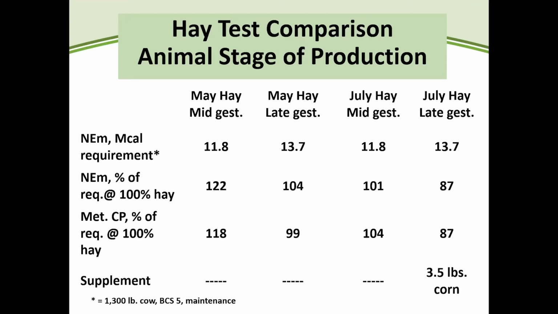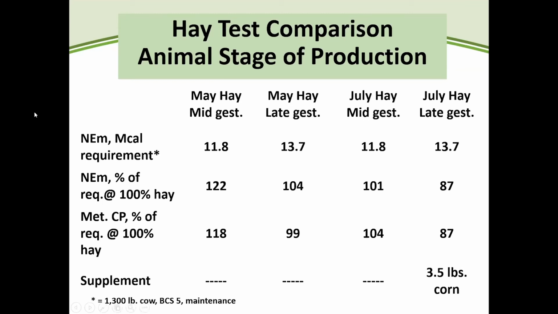Again, not adding condition to the cow, but just kind of maintaining her. As we go from left to right across the chart, if I have the high quality hay, mid-gestation, as we've seen, it's way too good a feed for a cow at that stage of production. But as we get closer and closer to calving, those requirements come up.